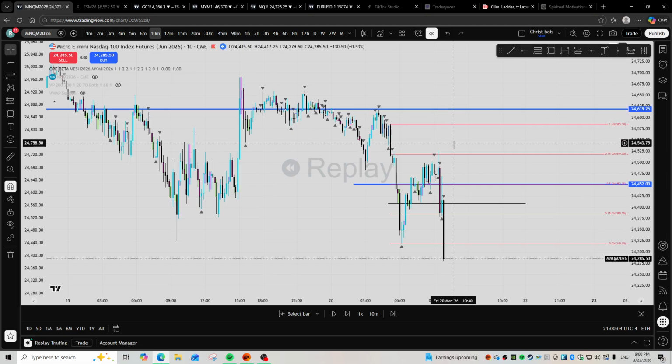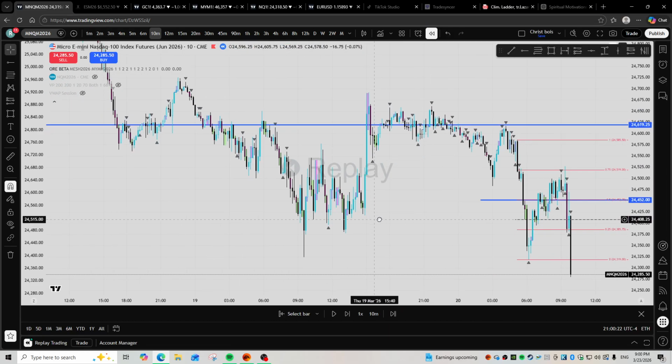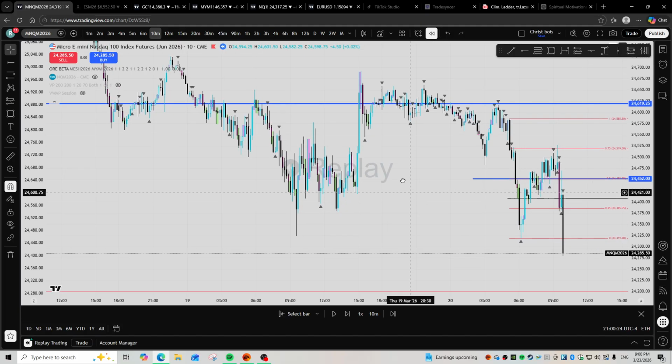Maybe if it makes it to the 0.75 or 0.25 without making it an OB, it'll reverse. Because look at this. No, that doesn't make any sense either, man.